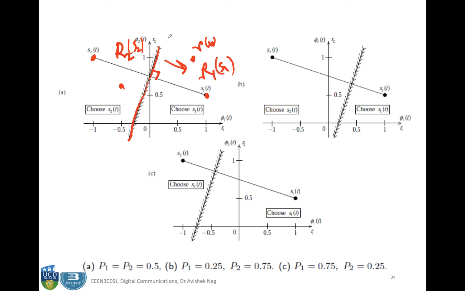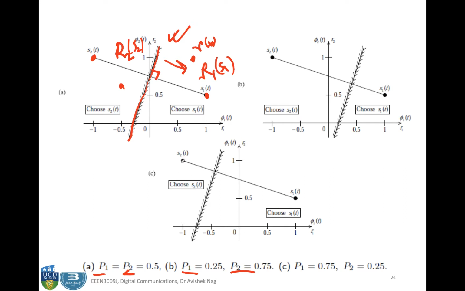Now this is the case where your P1 and P2 are the same. If your P1 and P2 are not the same, then there will be slight adjustments. For example, if your P1 is small compared to P2, then this line will shift a little bit to the right. If your P1 is larger compared to P2, then this line will shift towards the left.